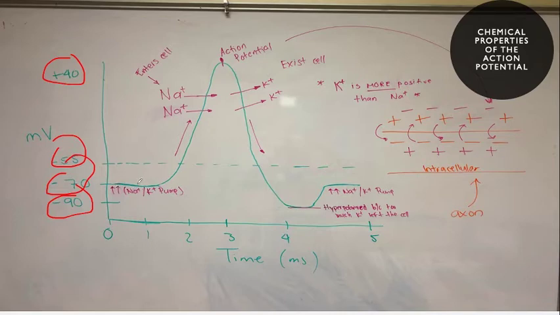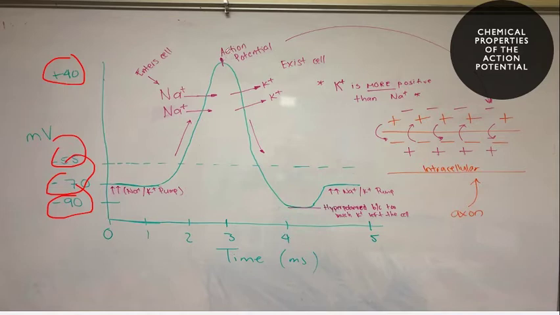So this sodium-potassium pump allows the exchange of sodium and potassium ions, right, to maintain it at a resting state. Once it gets stimulated, it goes to a positive because there's an influx of sodium ions into the cell.